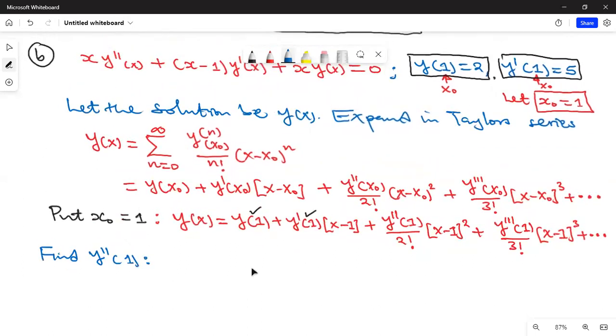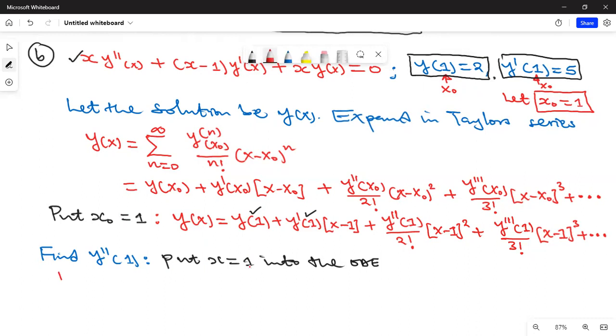Instead of writing so many things, just write here, put x equals 1 into the ODE, because already we have the ODE here. So when I substitute x equals 1, what are you going to get?